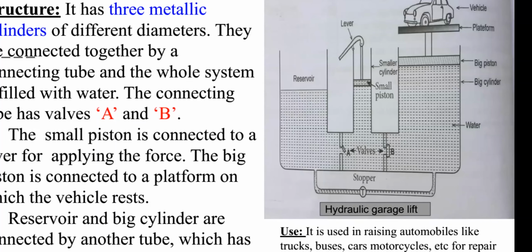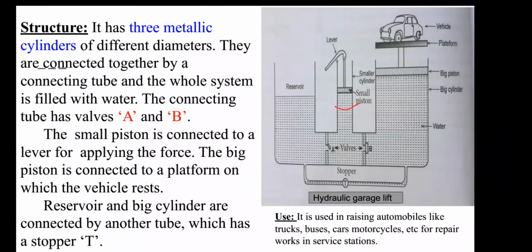Among these three cylinders, the second and third are fitted with a piston. You can see this part is the piston. You can see the small piston fitted on the small cylinder, where we apply the force, and then the big piston, obviously, in the big cylinder.